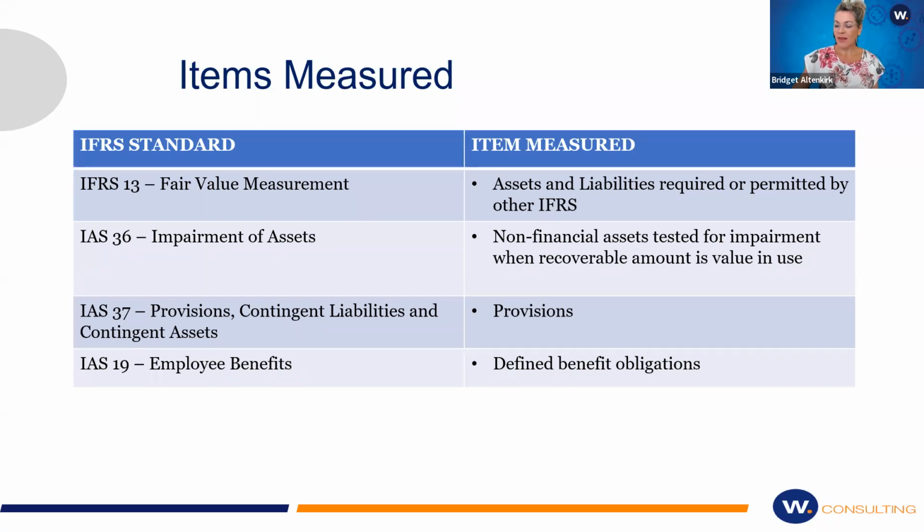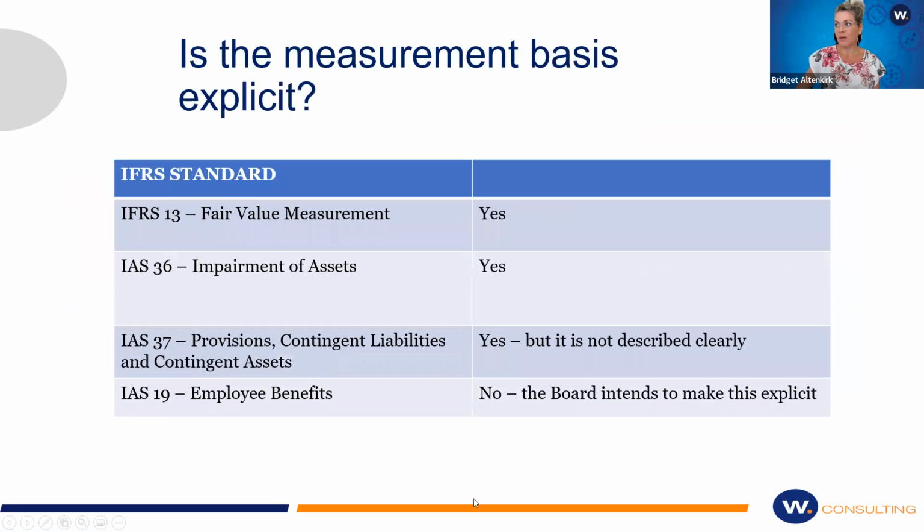IAS 37, the measurement of provisions, required a present value of the future expected cash outflows. And IAS 19, which dealt with employee benefits, we've spoken about the present value of those future amounts payable to employees for defined benefit obligations.